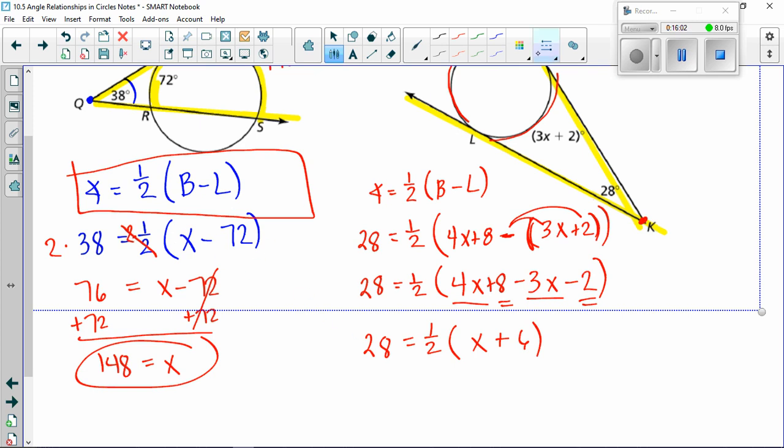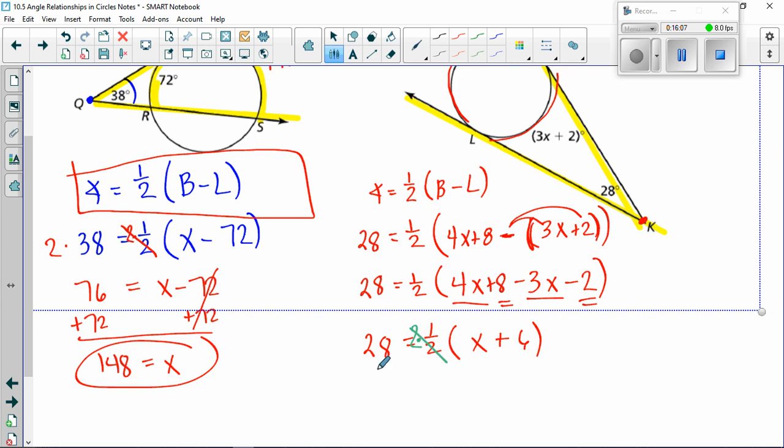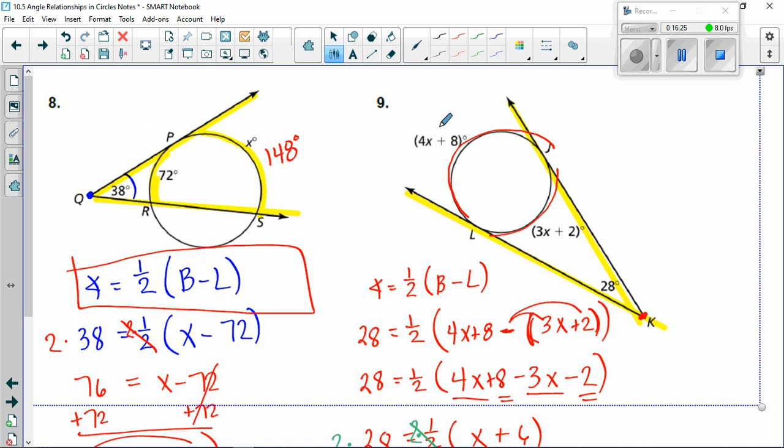We're going to multiply by 2 so we can cancel that out. So 56 is equal to x plus 6. Subtract the 6 from both sides and you get that x is 50. If you were to take the 50 and plug it in, 4 times 50 plus 8, 3 times 50 plus 2, you would actually be able to get the measure of the arcs.